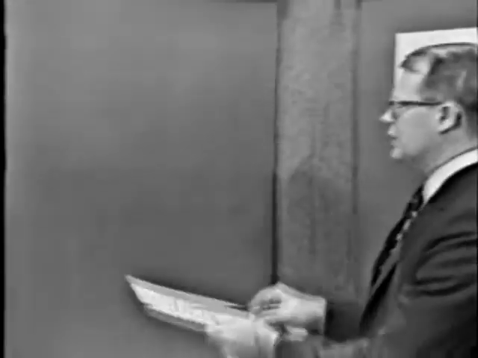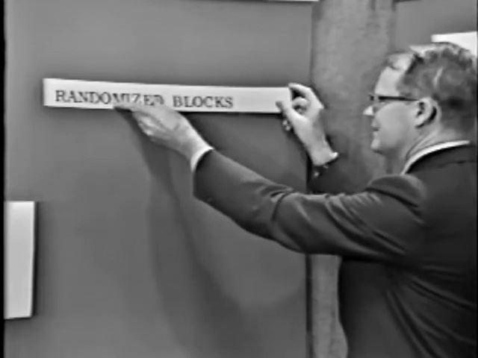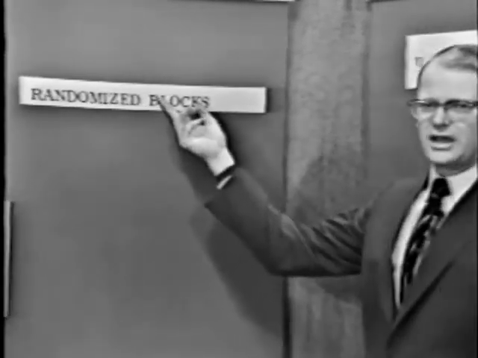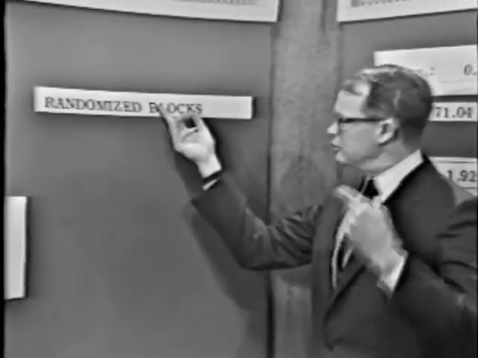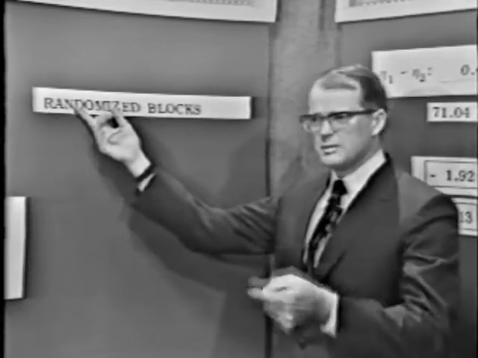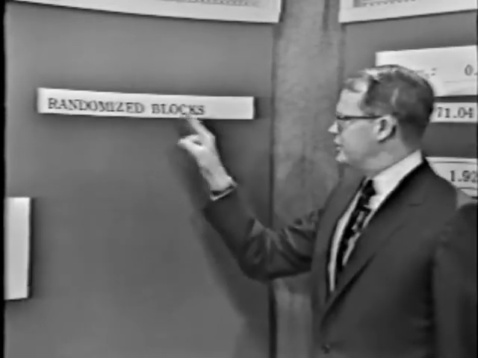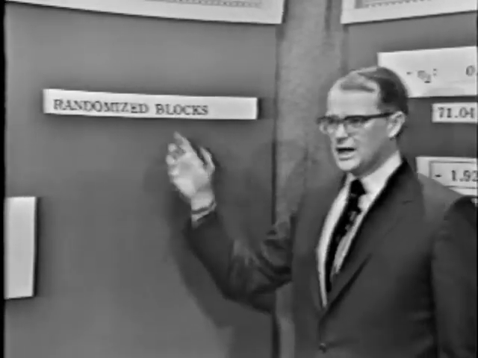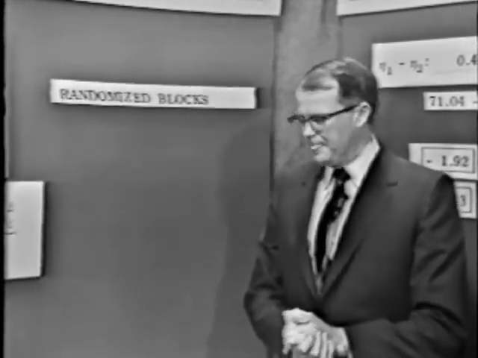And so we have a class of experimental designs which we call the randomized block designs. The blocks in this case were the cars, and you notice that we randomly assign the treatments within the blocks. With this class of designs, we're often able to decrease the variability to the extent that we can learn a great deal more about what the true differences are between different means.